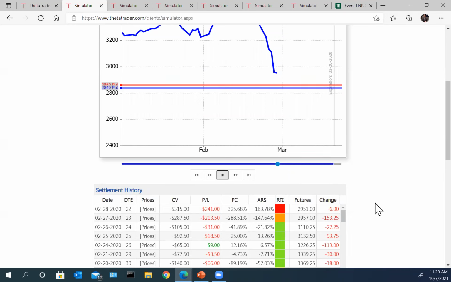Theta Trader will scan your positions and automatically submit that order for you to close out that trade. And I'll show you how to do that in just a second. And also, if it turns profitable, then you can have that automated as well. So whether it hits a loss first or a profit first, you can automate that process, and you don't have to screen watch or babysit your trades.